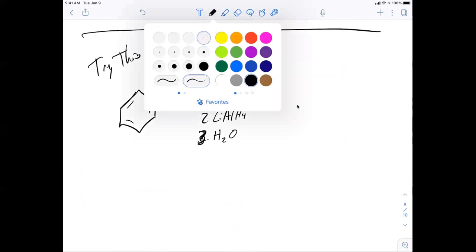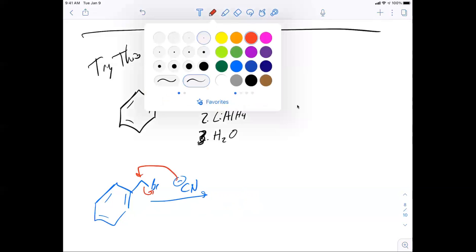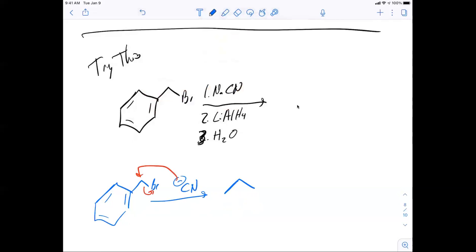Okay, let's go ahead and take a look at the first one. The first thing that's going to happen is our nitrile is going to react in an SN2 fashion with our bromide. What's the thing you should notice about this reaction?